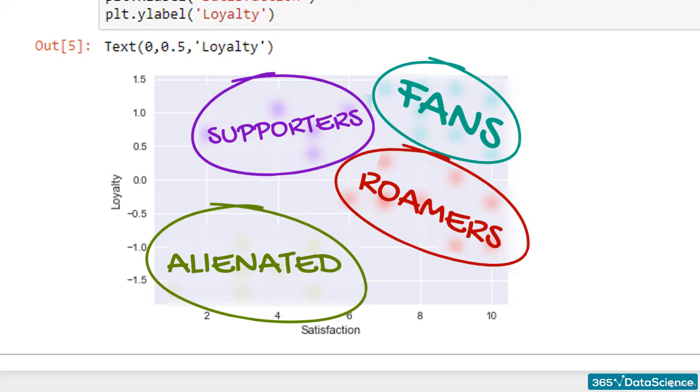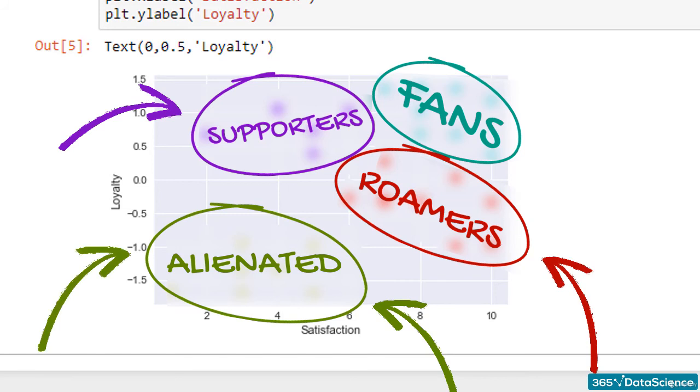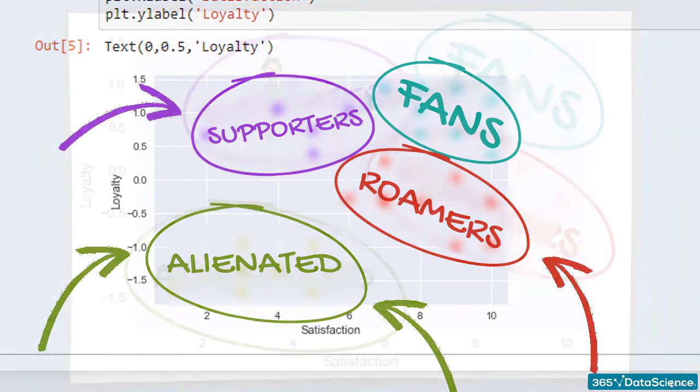Naturally, we must analyze what we see. Data science is about storytelling and making sense of numbers. We have 4 groups, but only one of them is favorable: the fans. Cluster analysis indicates the problem. Some customers are dissatisfied, others are disloyal. However, we must figure out how to solve the problem ourselves. What are some ideas a data scientist and management will come up with?